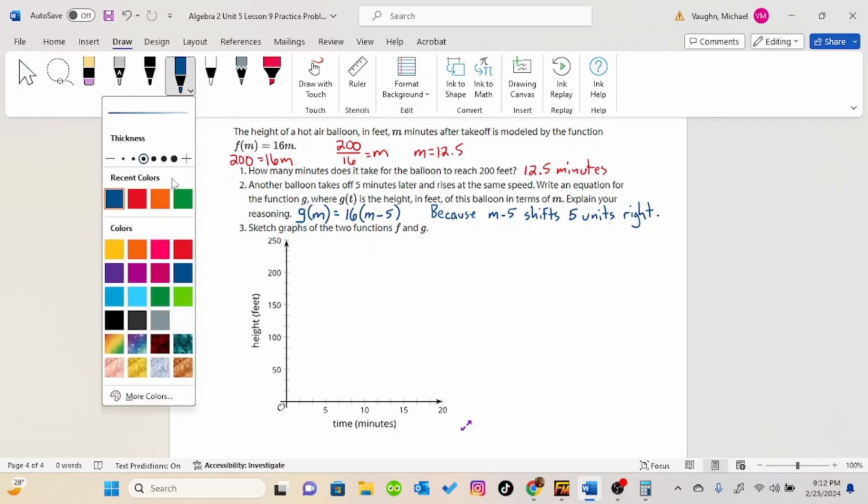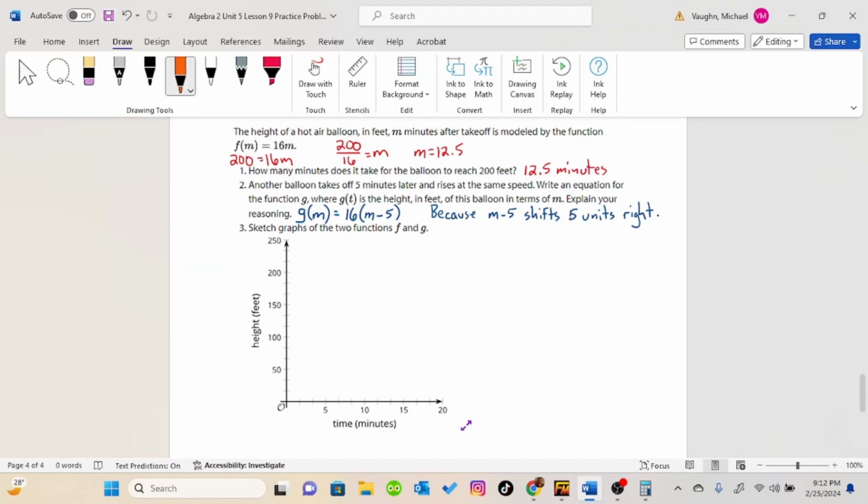Number 3 wants us to sketch graphs of the two functions, f and g. So for f, we know that it's going to start at the origin, no minutes, no height.